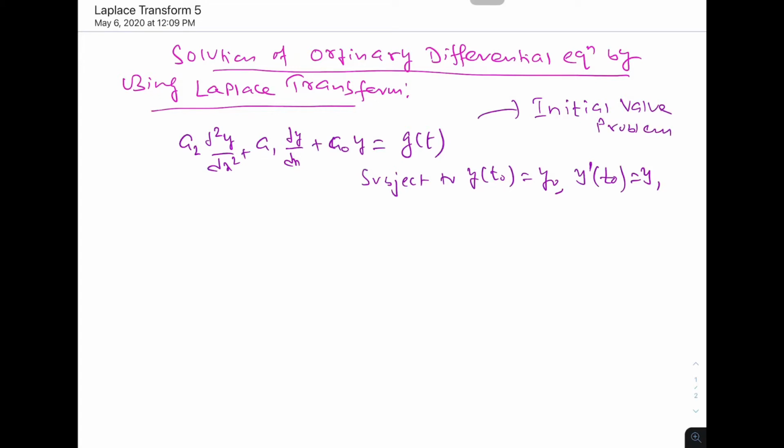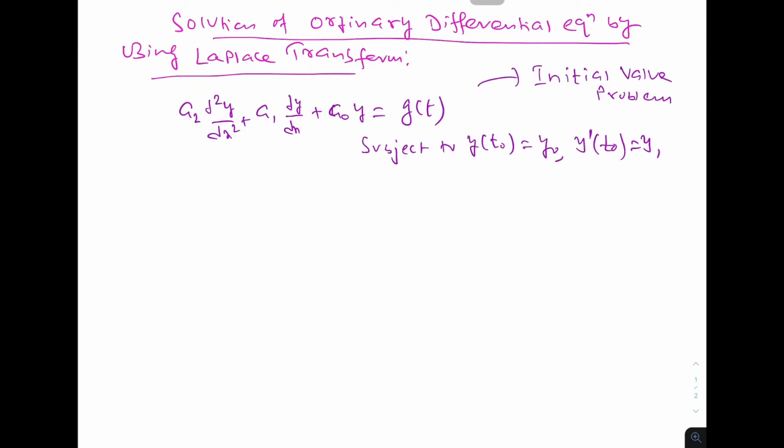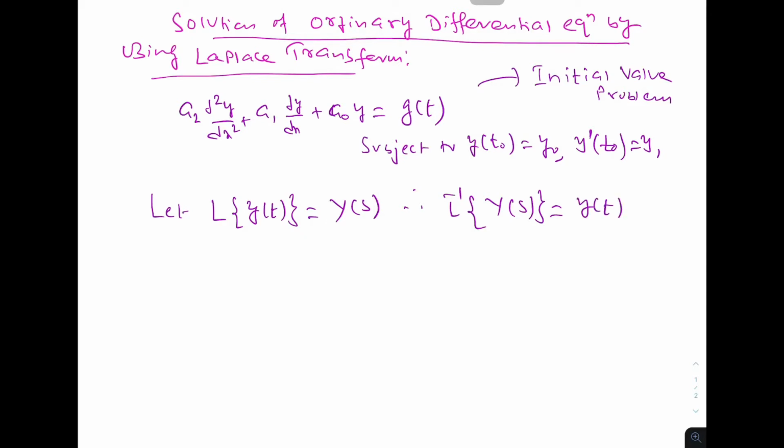Now see how to solve by using Laplace transformation. Let Laplace transformation of y of t equal to Y of s, and therefore inverse Laplace transform of Y of s is y of t.